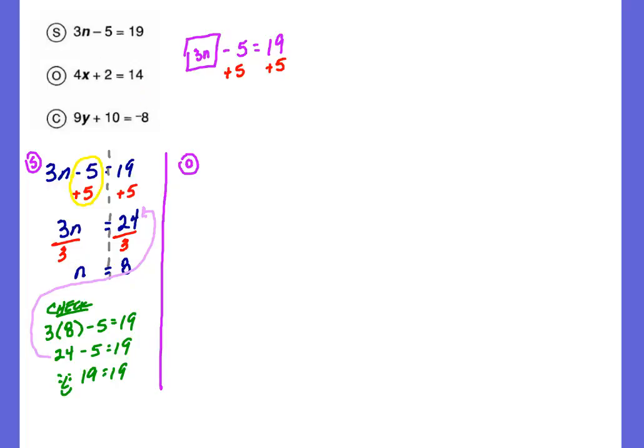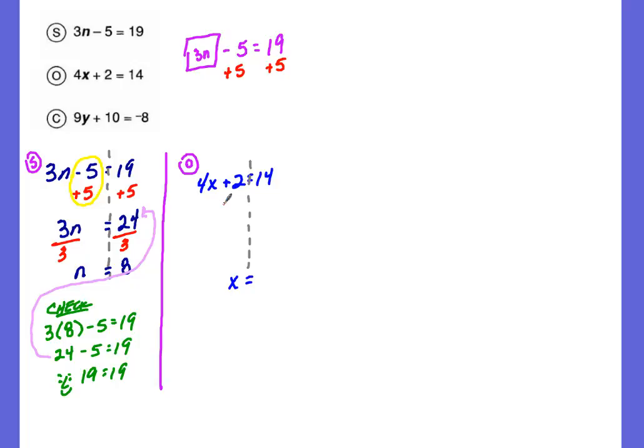Let's move on to problem O. For problem O, we have 4x plus 2 equals 14. Once again, going to have our reflection line. Once again, our goal is to get x by itself. We want to know how much does x equal.